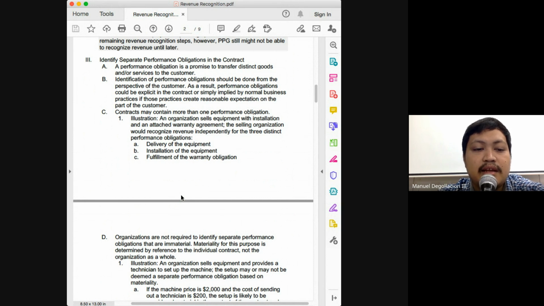Determining materiality, class. Okay. If you go to letter D, Roman numeral 3, organizations are not required to identify separate performance obligations that are immaterial. Okay? Again, supposedly you are going to identify separate performance obligations, meaning one contract may have several performance obligations.